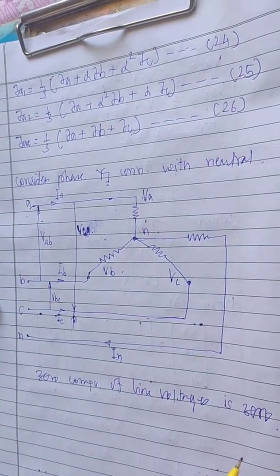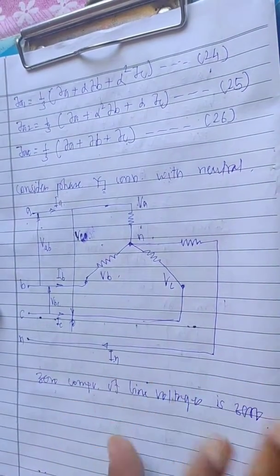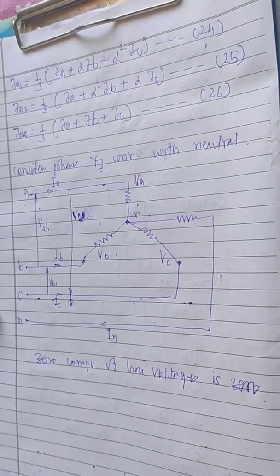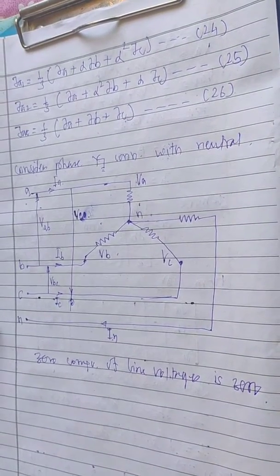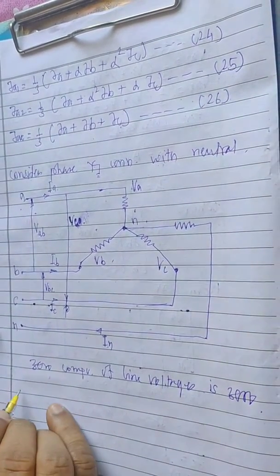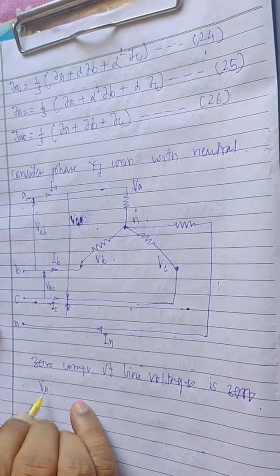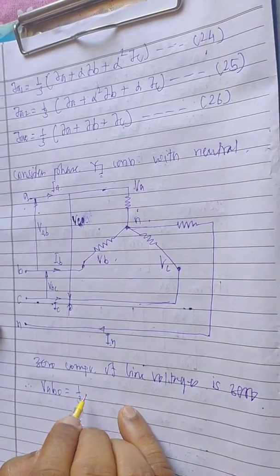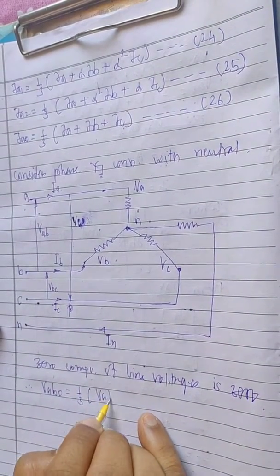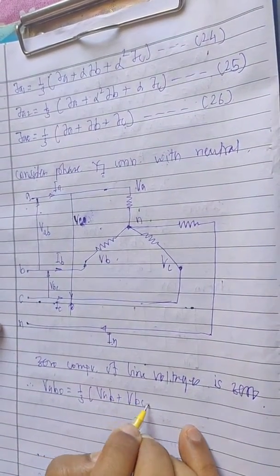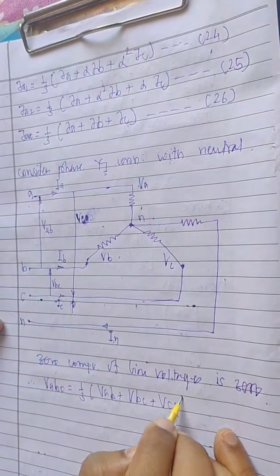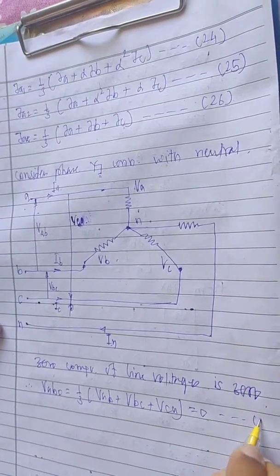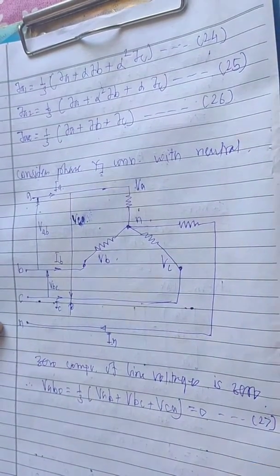This is because the sum of the three line voltages is equal to 0. So we can write VAB0 is equal to 1 upon 3 of VAB plus VBC plus VCA, and the sum is 0. This is equation number 27.